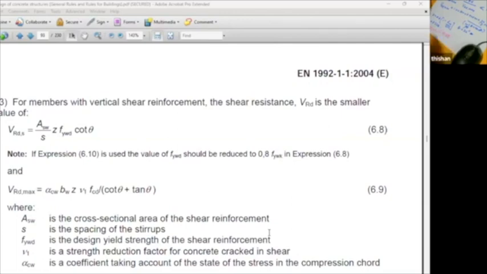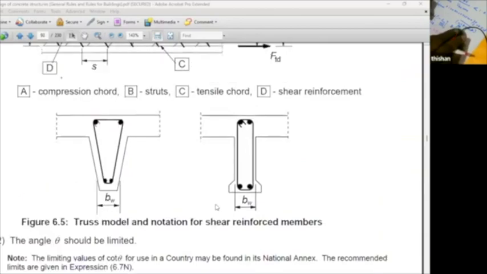Yeah. Okay. And the design shear force was 308. Can you remember we earlier calculated 308? Yes. Yeah. So VED is the design shear force.